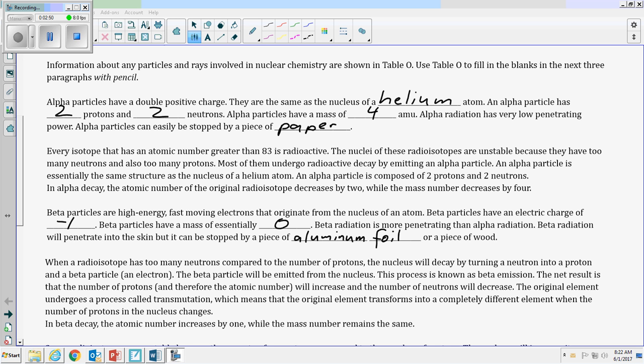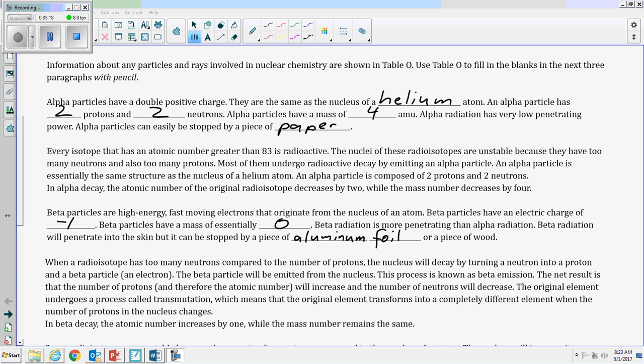The He tells you it's helium, the nucleus of the helium atoms. The 4 is the mass number, which also means it's the number of neutrons and protons together. The 2 on the bottom is the proton number, so the difference between them, the number of neutrons, is also 2 in this case. The only thing you could not find in Table O is what it can be stopped by, so just copy that in.